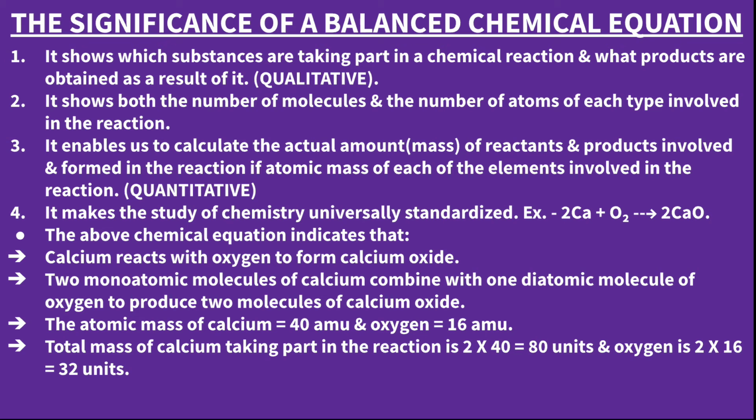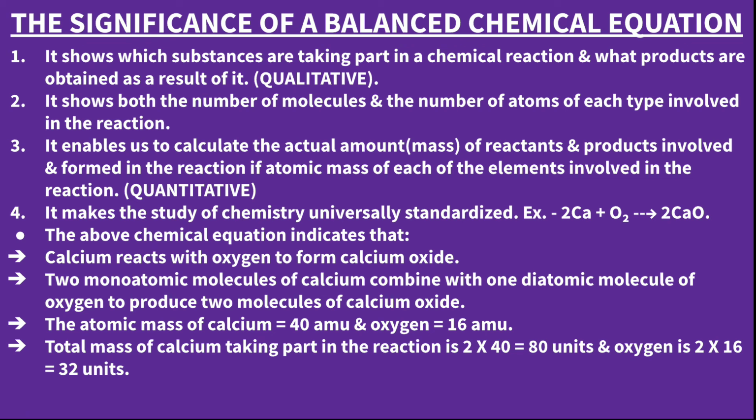Two monoatomic molecules of calcium combine with one diatomic molecule of oxygen to form two molecules of calcium oxide. 2Ca means two monoatomic calcium molecules, combined with one diatomic molecule of oxygen, and then they produce two molecules of calcium oxide.